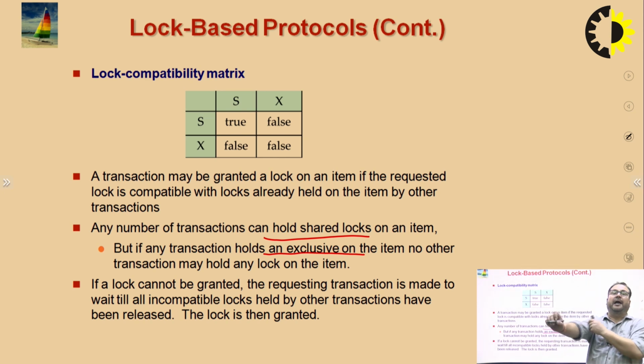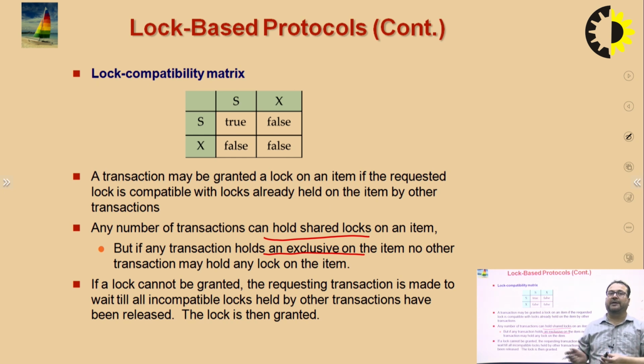The meaning is that if a data item is locked by some transaction, say T1, let's suppose data item A is being locked by transaction T1, and transaction T2 also wants to access that data item. It cannot, because this data item is exclusively locked by transaction T1.